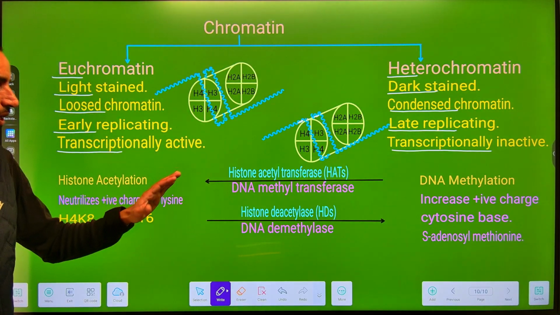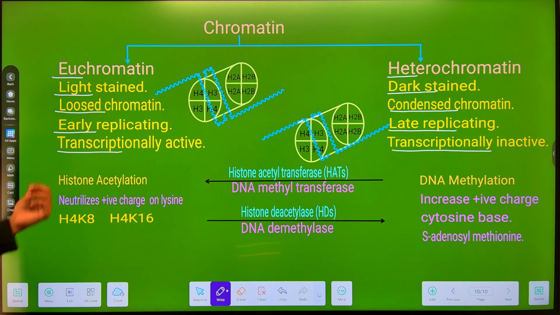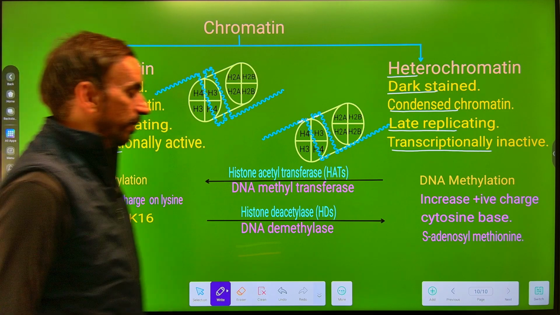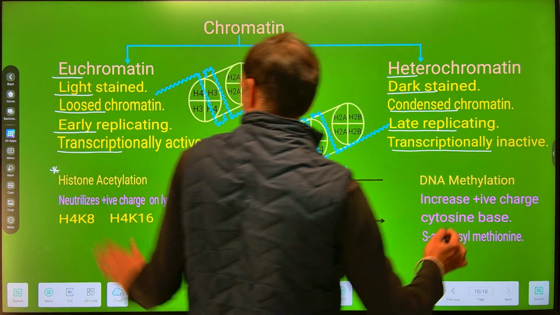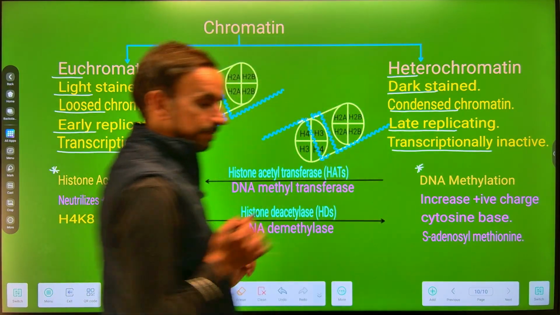So if you want to convert a heterochromatin into the euchromatin or a euchromatin into the heterochromatin, for this we have two processes. One is called histone acetylation, while the other is called DNA methylation.